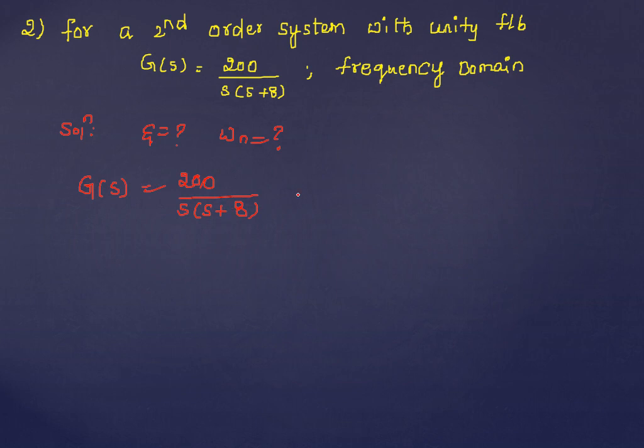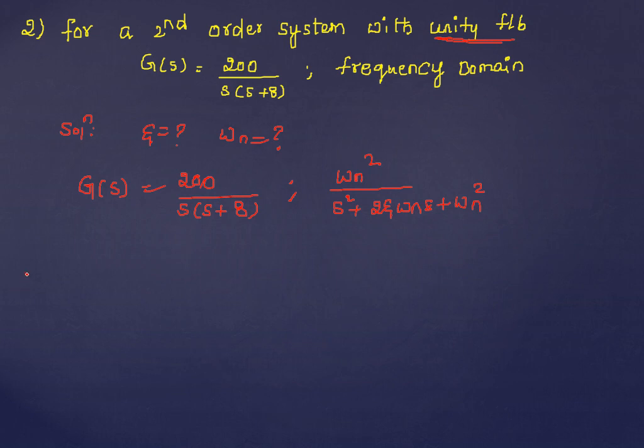So we know that the second order system transfer function is omega n square by S square plus 2 zeta omega n S plus omega n square. In the question they mentioned it is a unity feedback system, that means the H of S value is 1.